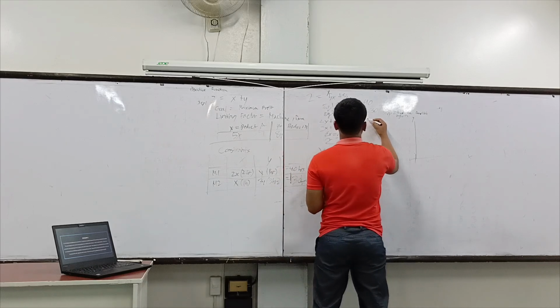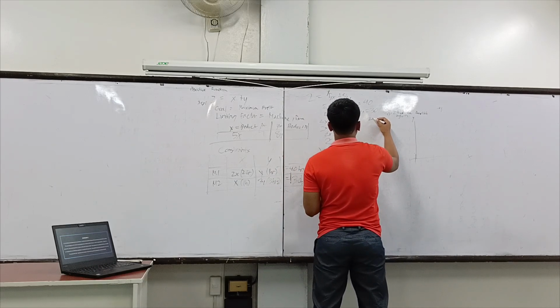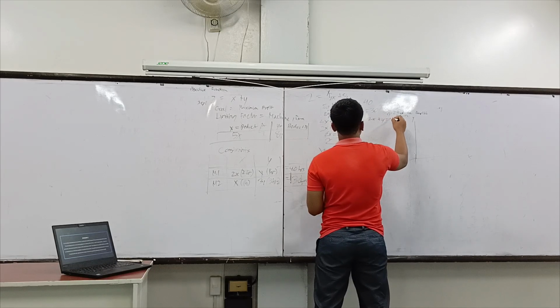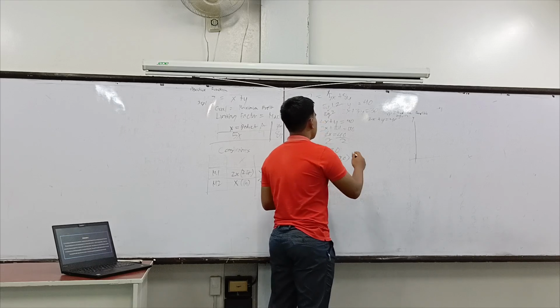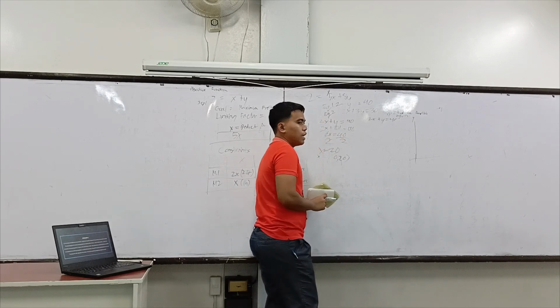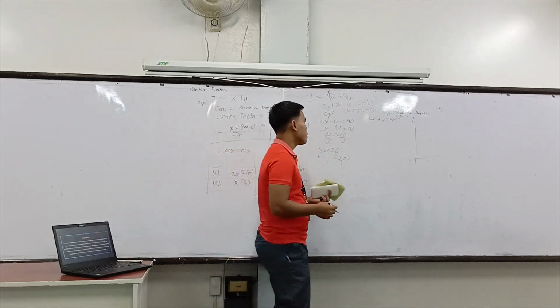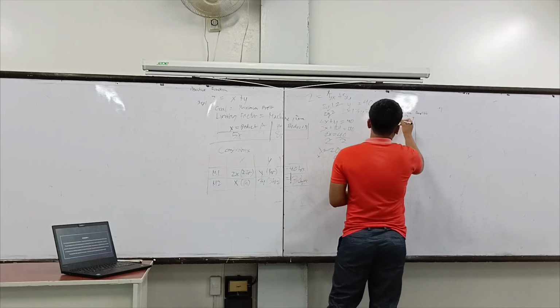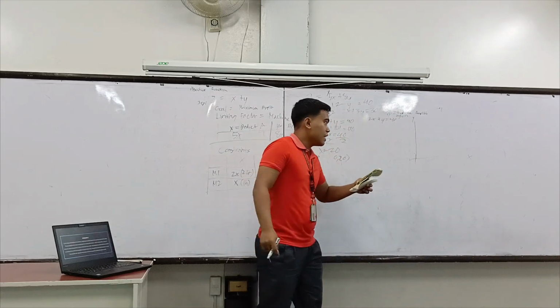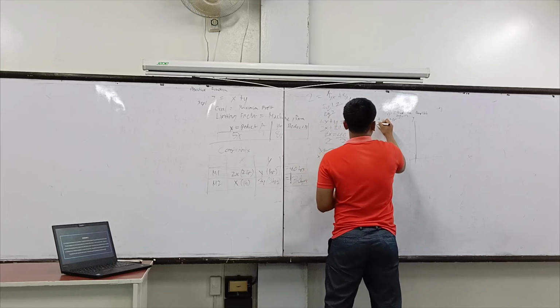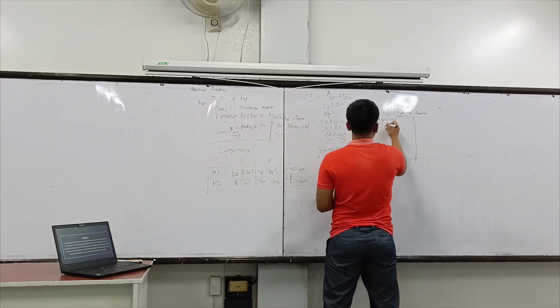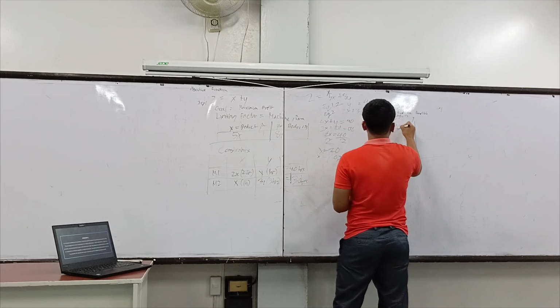And now, use the equation 1 to get the y. 2x plus y equals 40. Kung sa pagkuha ng x, ang ating y, i-replace natin ng 0. Now, sa pagkuha ng y, ang ating i-replace naman ay yung x ng 0. 2 times 0 plus y equals 40.